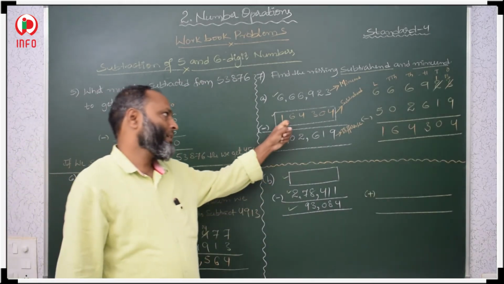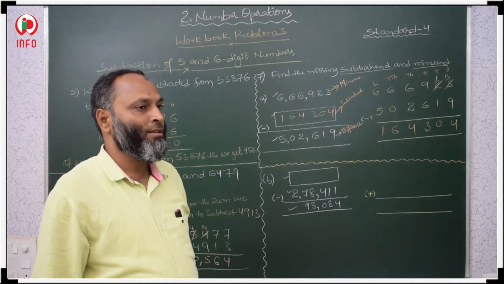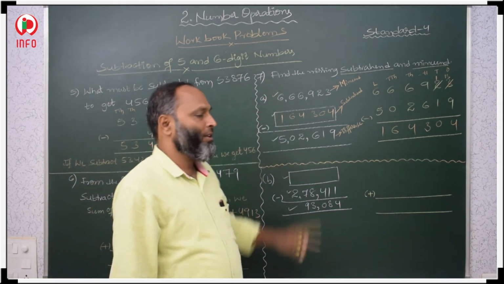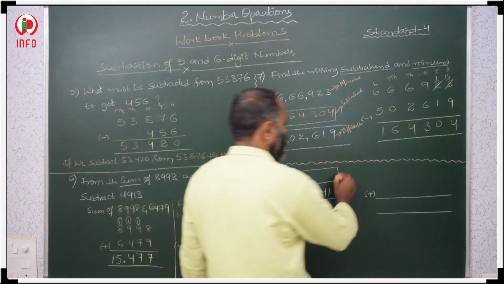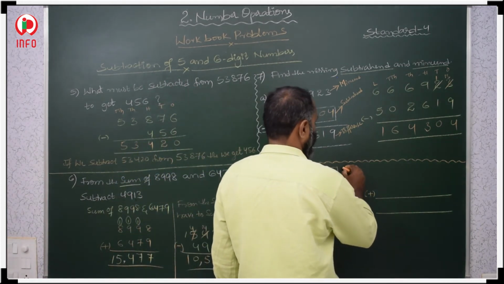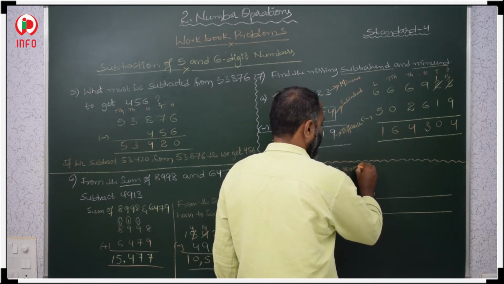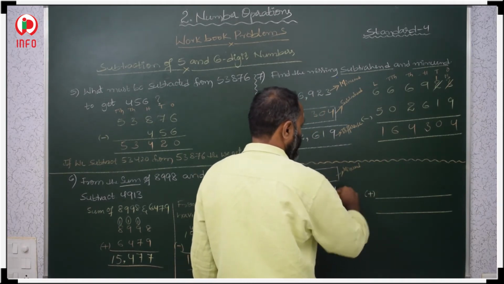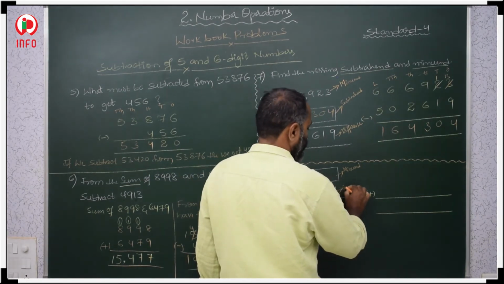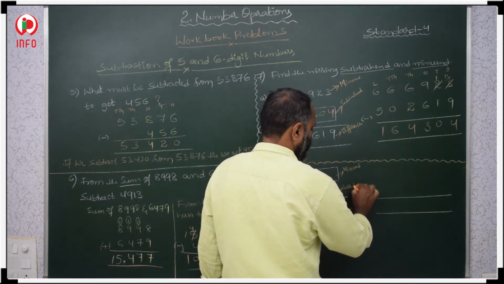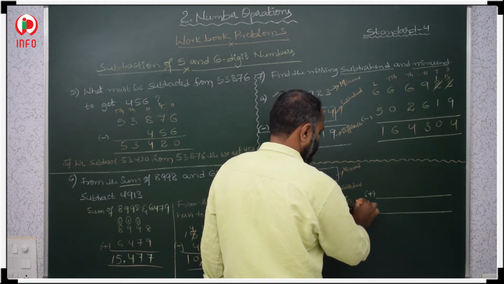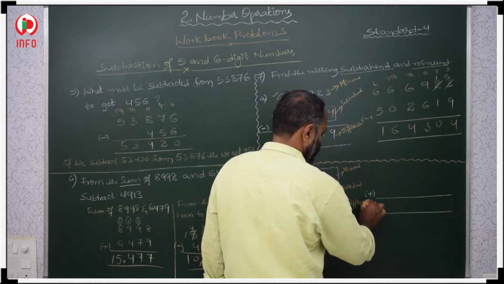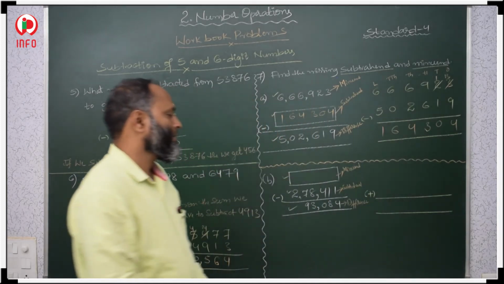If the minuend is not given, then how do we find it? From the subtrahend and difference. Here, this is the minuend, this one is the subtrahend, this one the difference.